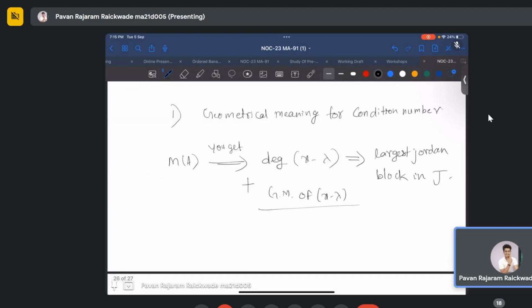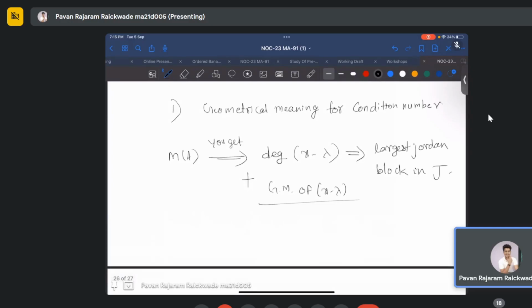If I know that there are 4 total Jordan blocks, and the largest block is of size 2, then what are the possibilities? It can be 2, 2, 2, 2, or 2, 2, 1, 1, right? Is it? Yeah.